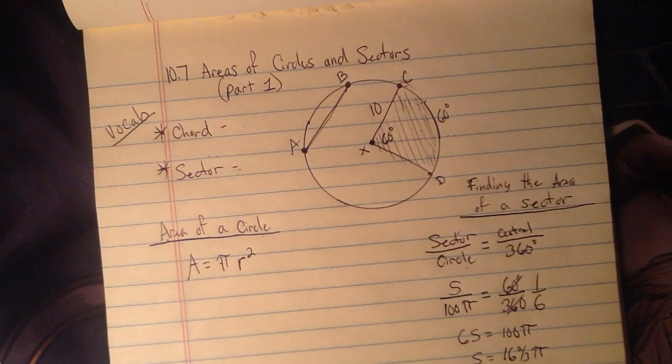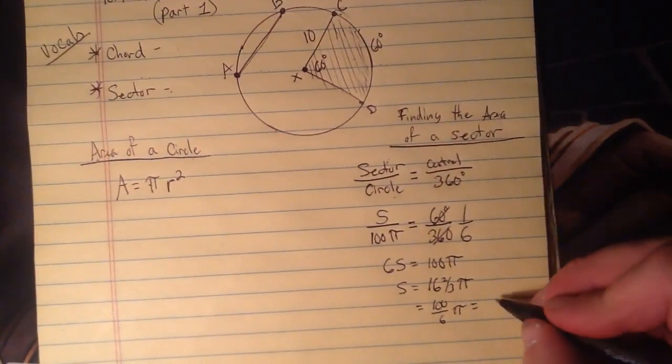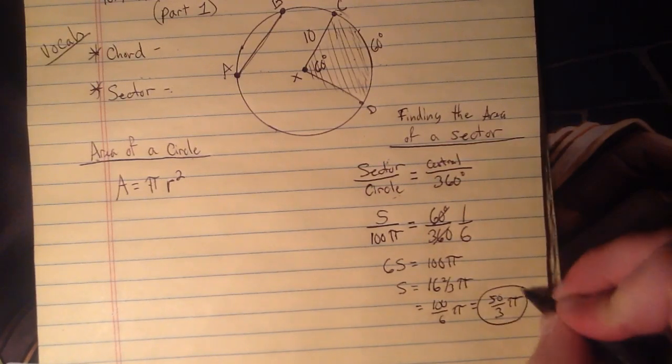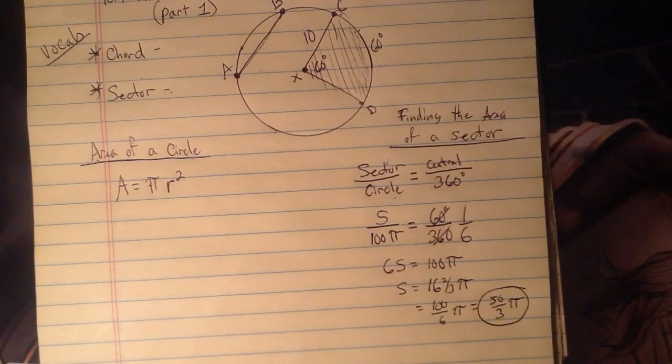If you want, you can write it reduced: 100 over 6 reduces to 50 over 3 pi, and that is a good answer as well. It's just reduced.